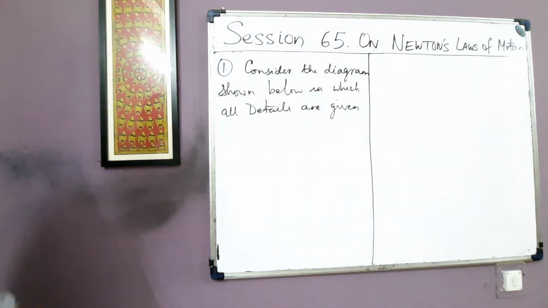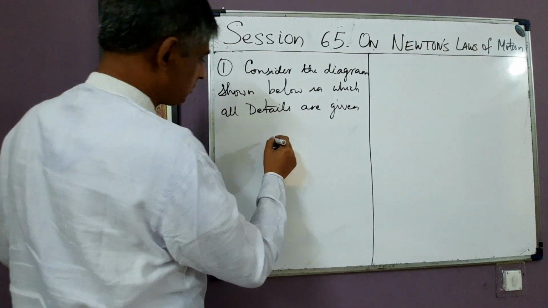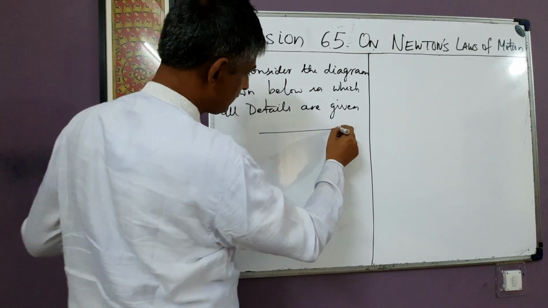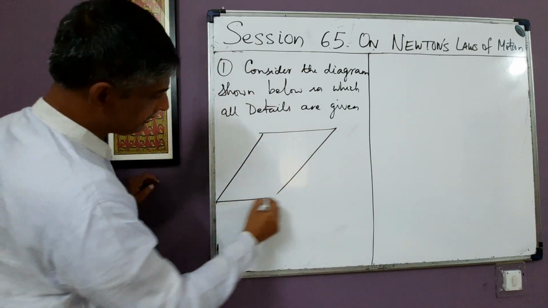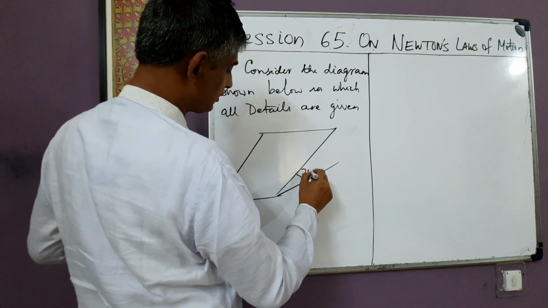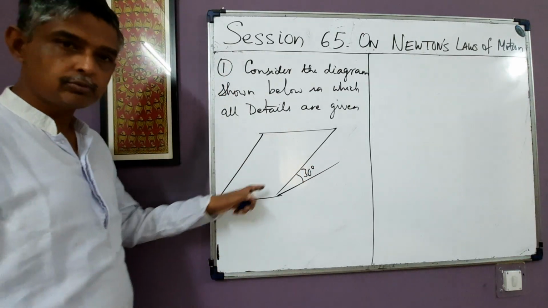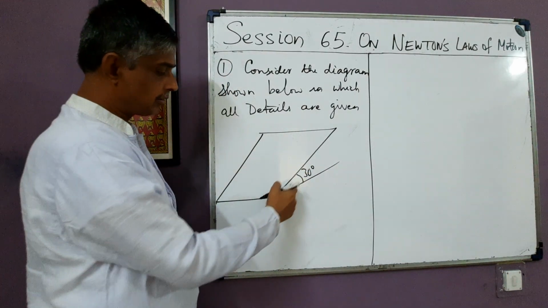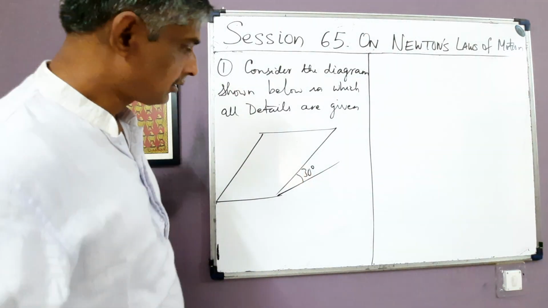See, we are given a fixed smooth inclined plane which makes an angle of say 30 degree with the horizontal. It is a 3D view.